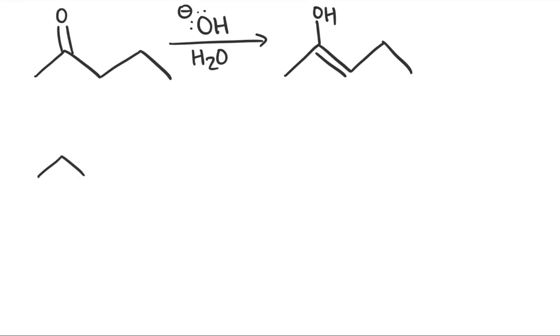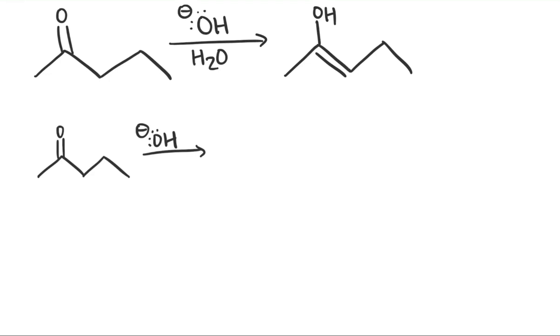I'm just going to redraw our starting material. And we have OH- reacting first. Alright, so if you remember in the acid catalyzed mechanism, the third step of our reaction was to deprotonate one of our alpha carbons.